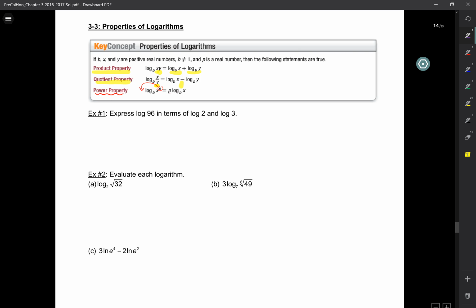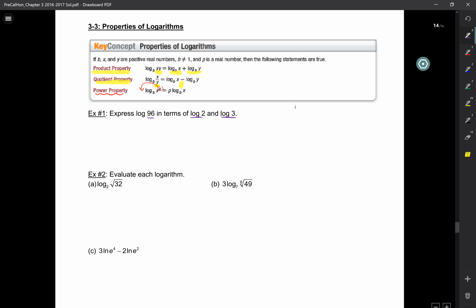The first says to express log of 96 in terms of log 2 and log 3. So this is used when, for example, you know what log 2 is and you know what log 3 is, and you can evaluate log of 96 by writing it in terms of those two. All right, so first we're going to figure out what 96 is made of.